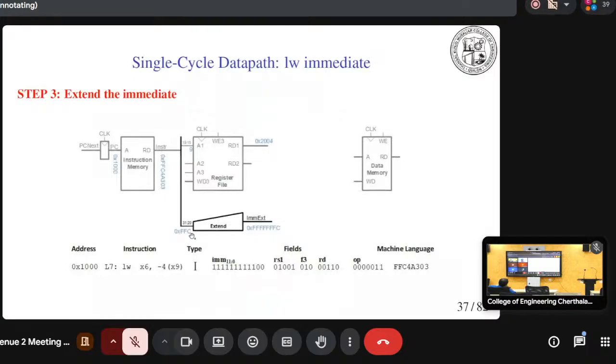But it has only 3 bits, while the complete immediate data corresponds to 12 bits, so I have to extend this immediate value. Since it is a negative value and I have the sign bit in the front, I will add all ones towards the front. So I have extended the immediate data.